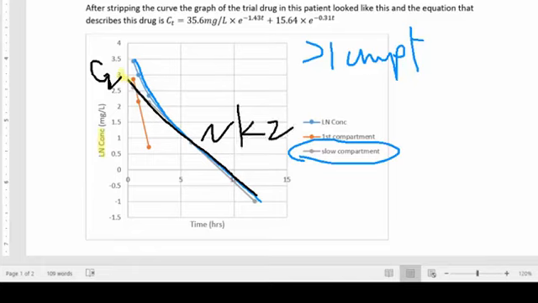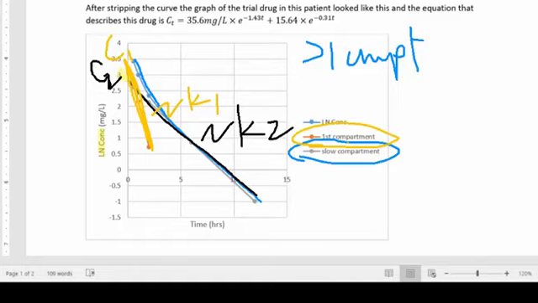And then when you subtract out the remainder, you get these points here, which luckily make a straight line as well. So this is our first compartment, isn't it? And the slope of this line is our K1, and the y-intercept here is our C1. So you can see that here.